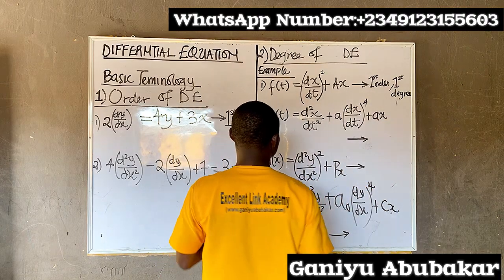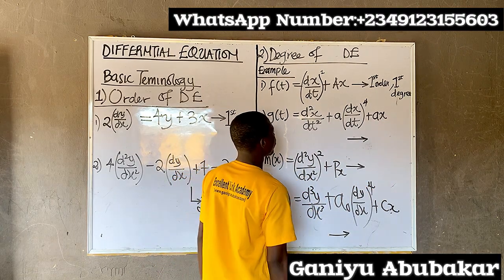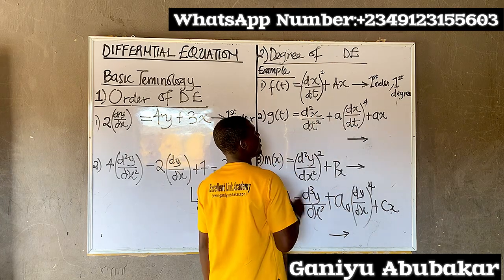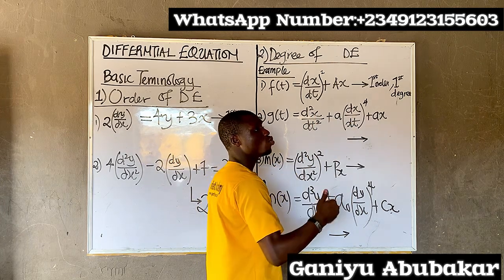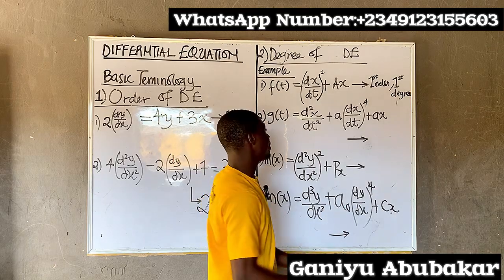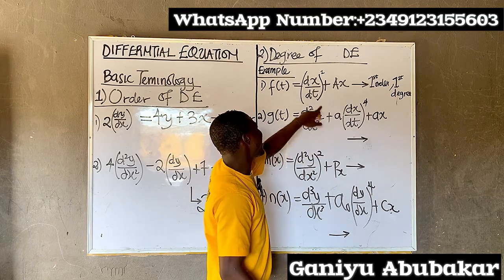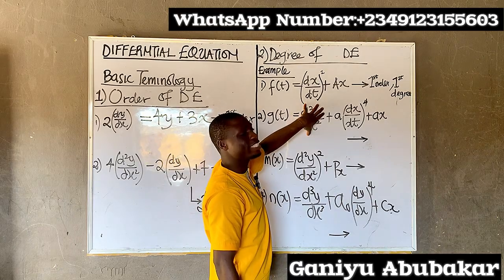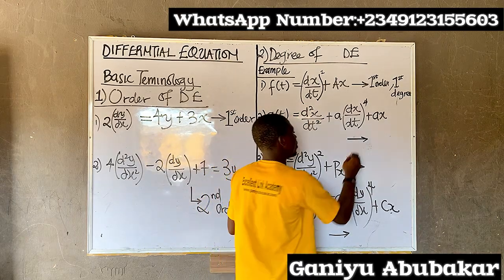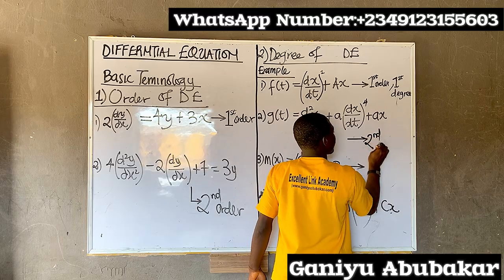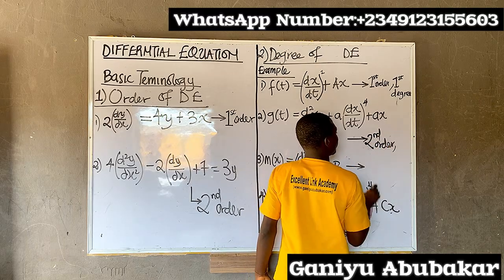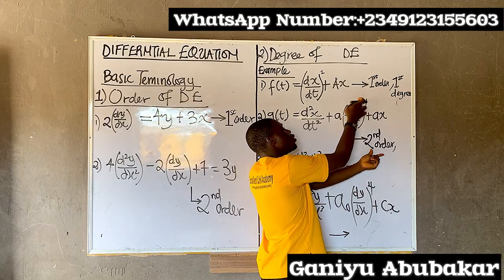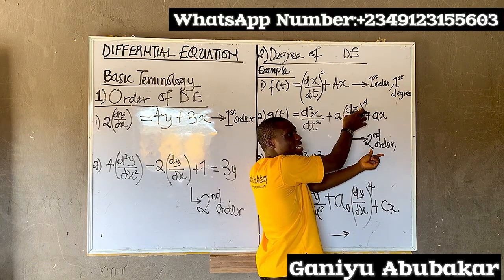That's number 2. Of course, I have dx over dt, no problem. First, to get the order, which one is the highest differential coefficient? The d squared x over dt squared. This is the highest here, so the highest is simply the order. So this is second order. Why second order? I'm not picking the other one because it is not the highest differential coefficient.